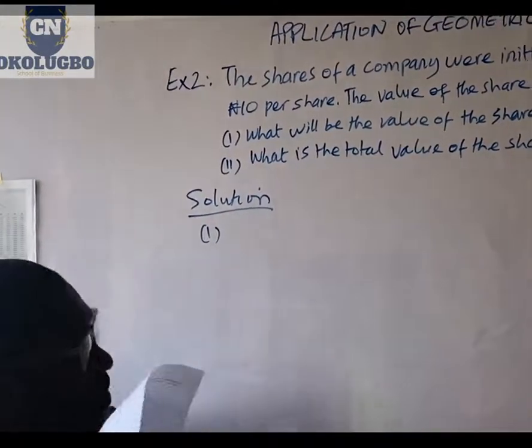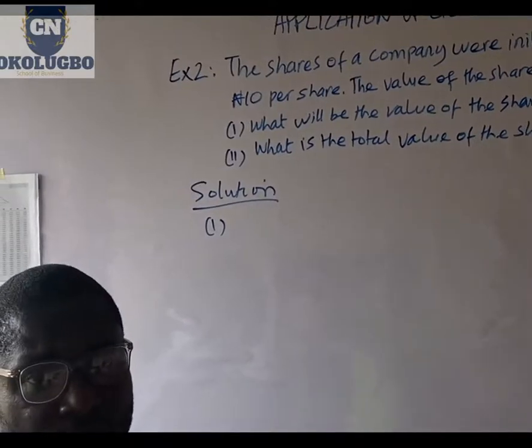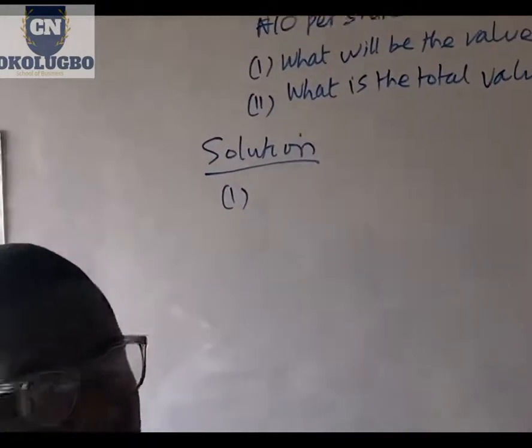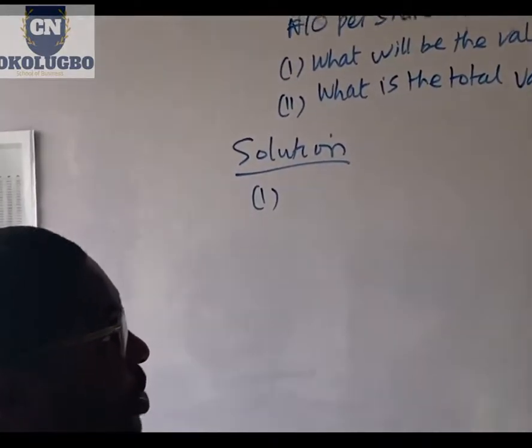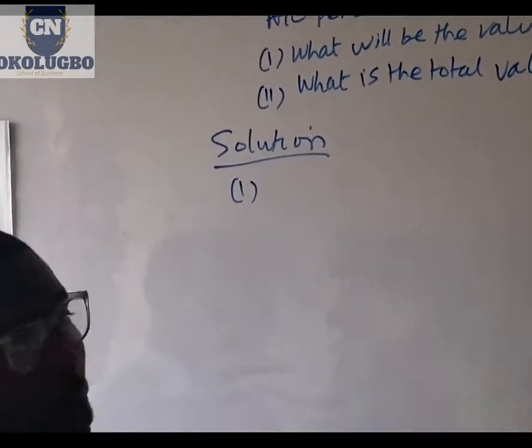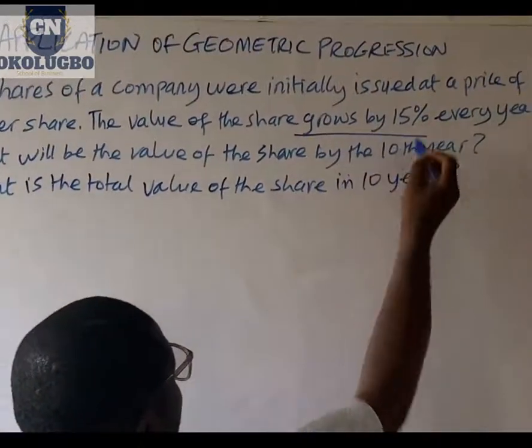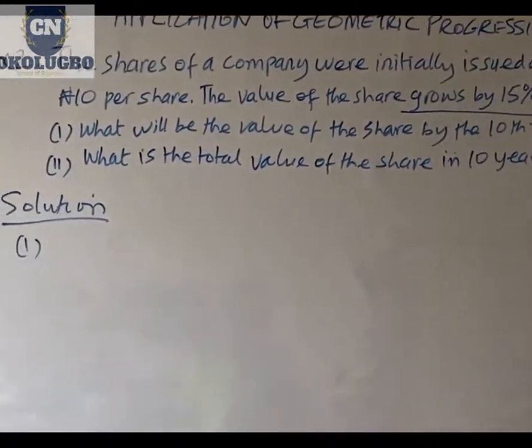Now that's to calculate the value of the share by the 10th year, that's determining the end term of a geometric progression. Geometric progression because there is a growing rate in percent.